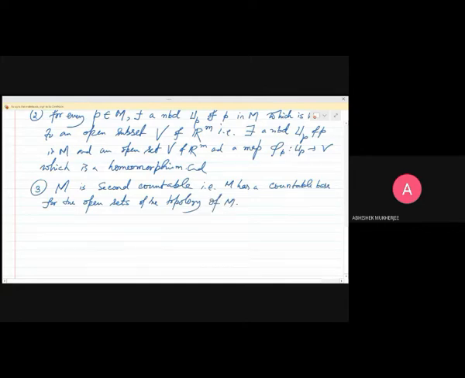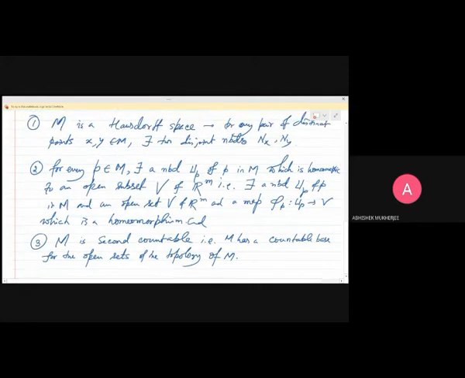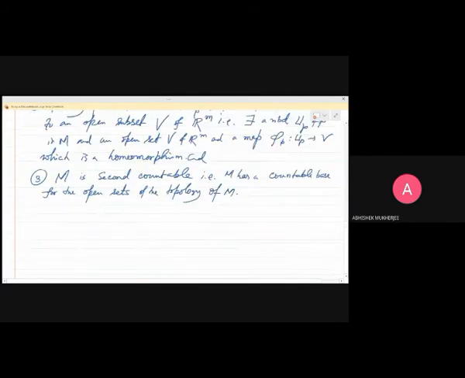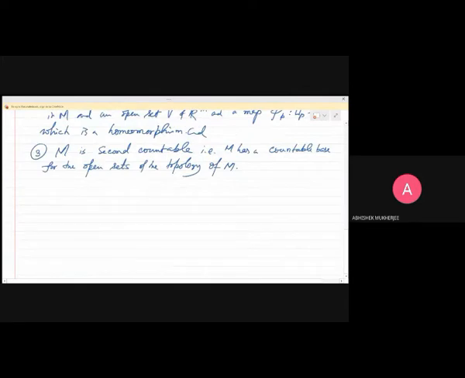So this is the definition of a topological m-dimensional manifold. This is the basic definition of a manifold.